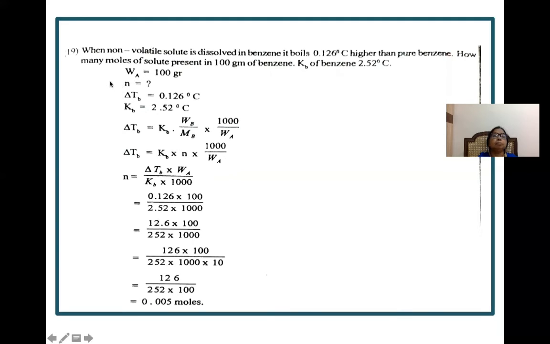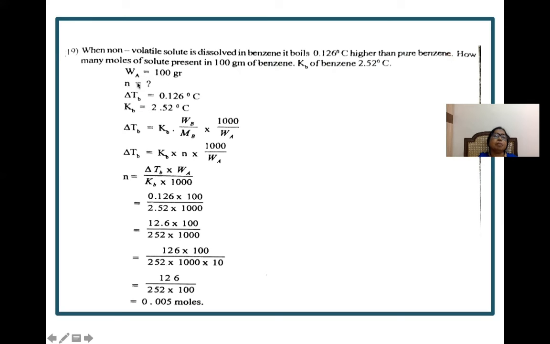Next problem. When a non-volatile solute is dissolved in benzene, it boils 0.126 degrees centigrade higher than pure benzene. How many moles of solute are present in 100 grams of benzene? Kb of benzene is 2.52 degrees centigrade. So the weight of the solvent is 100 grams.